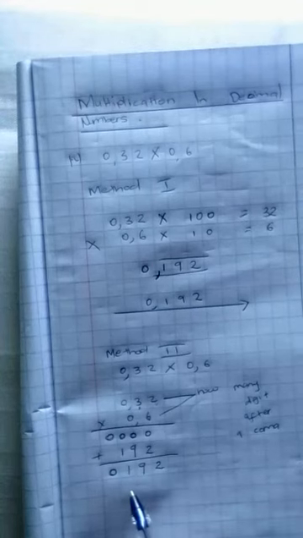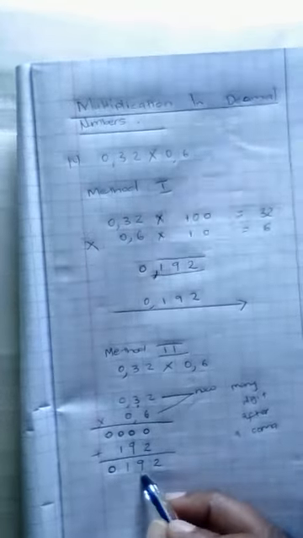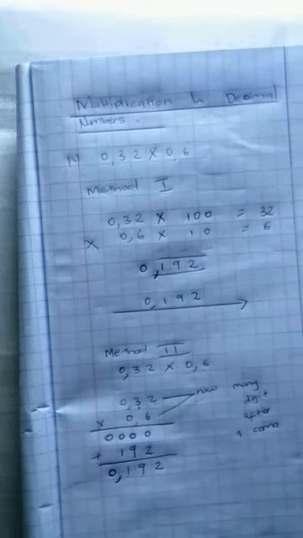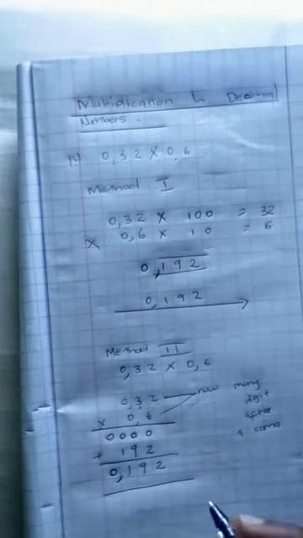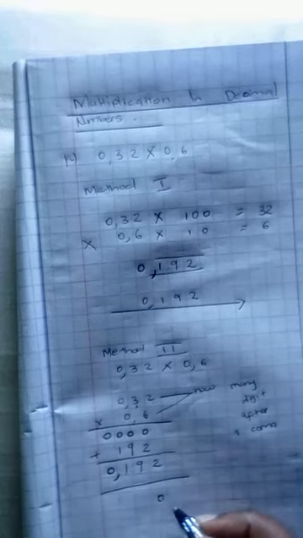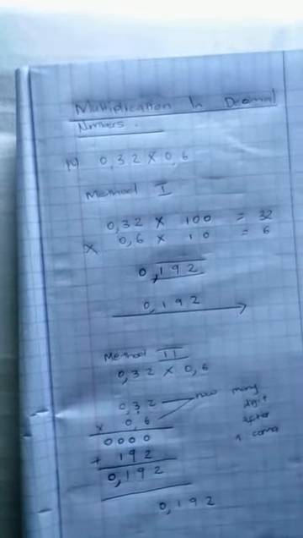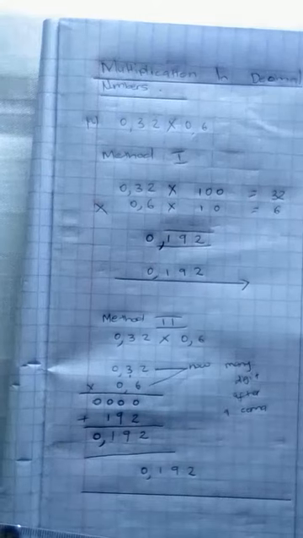Now we are counting 3 digits after the comma so that we can place our decimal sign. So we put our comma here, right? So our final answer is 0.192. That was method number 2. We did method number 1 and method number 2 without using a calculator, right?